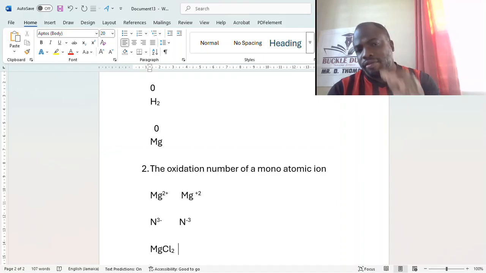So guys, just remember, when we write the formula for compounds, usually you have some different cases, the metals get preference. In organic, the metals get pushed behind. But in regular cases, they're at the forefront.